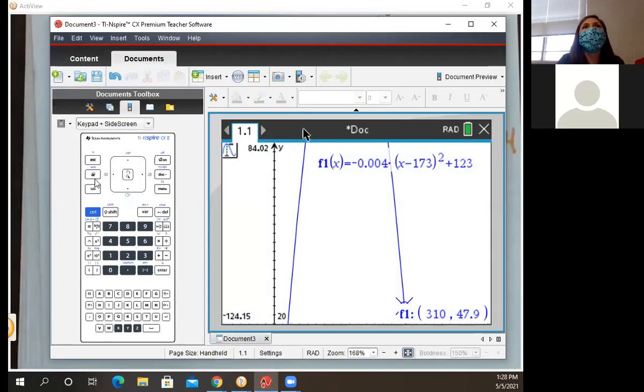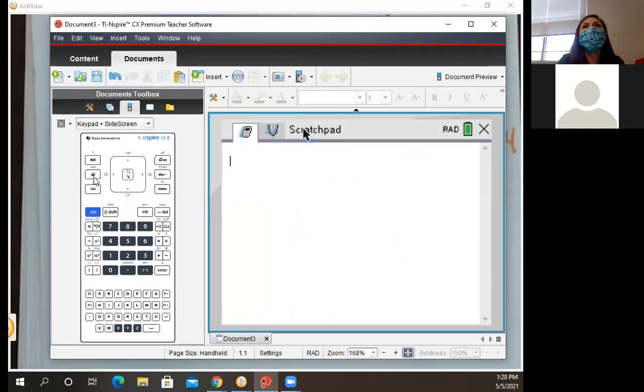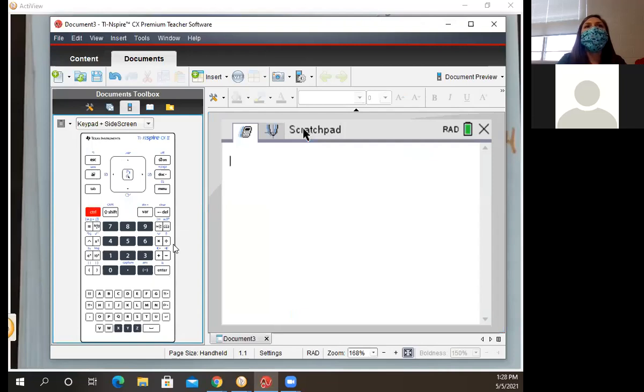So I'm going to just bring up my sketch pad here. And I'm going to hit Control Divide to start off so that I get that fraction right out of the gate.